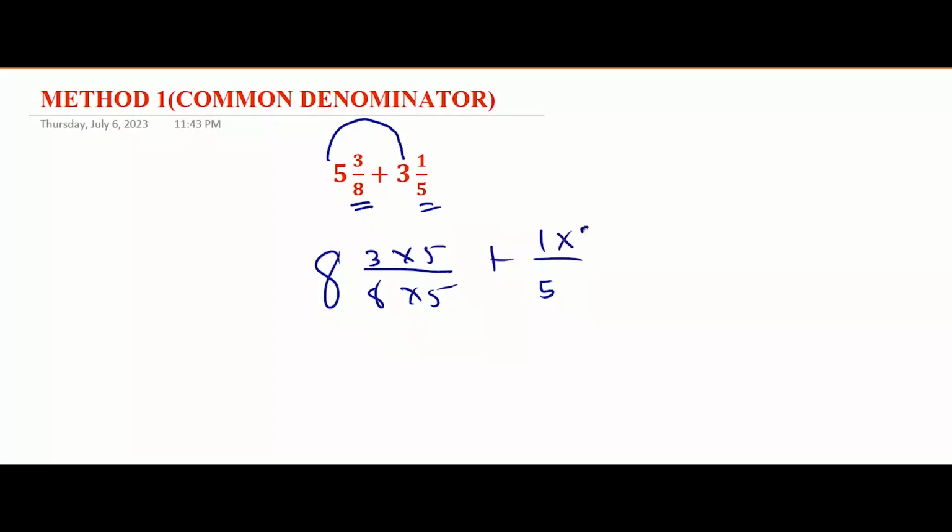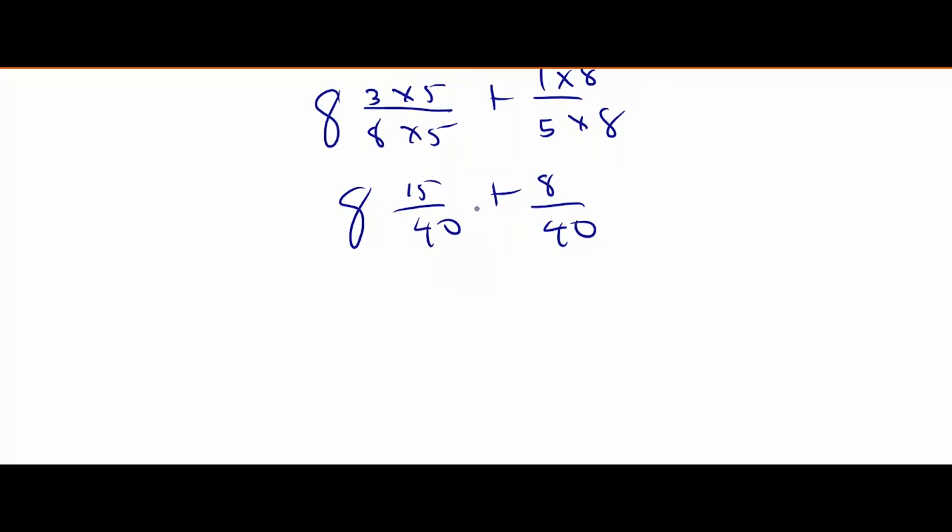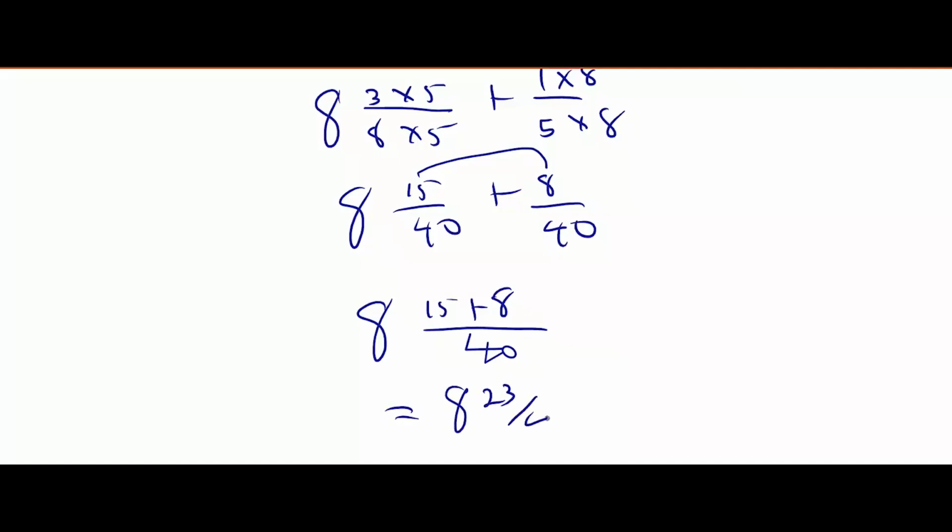So that will be by 8 by 8. So this will be 8 whole 15 out of 40. Then add 8 out of 40. So since they have the same denominator, you can directly add the numerators together. So this will be 8 whole 15 add 8 out of 40. So this will give us 8 whole 23 out of 40.